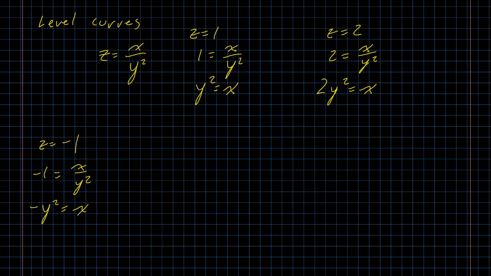And once again, we can try to parameterize these curves. So for this curve, we set z equal to 1. We solved for x in terms of y. So the convenient thing is going to be to let y equal t, and then plug that in, we get that x must be t squared.